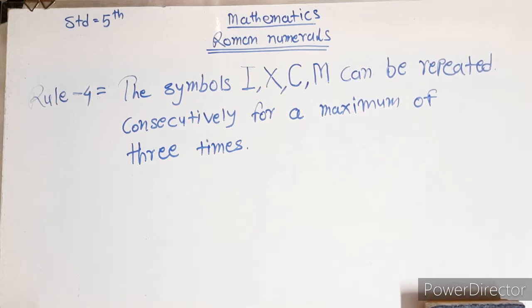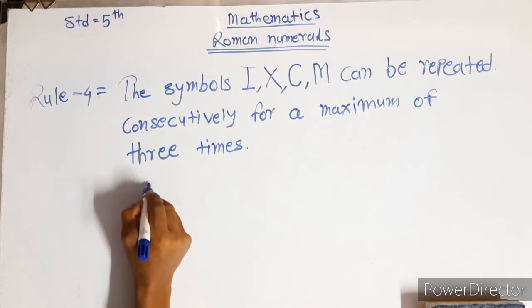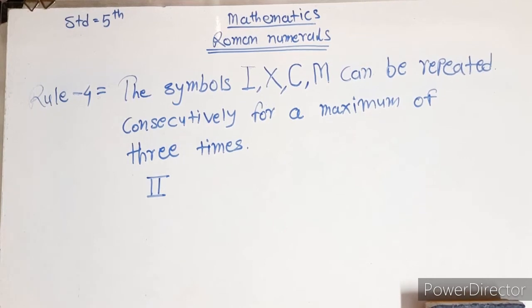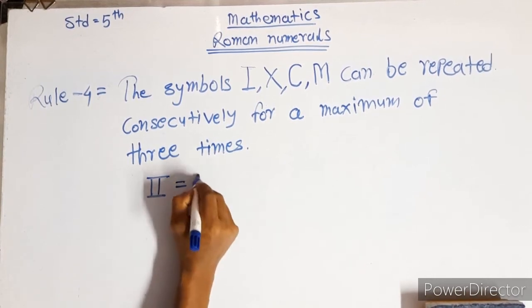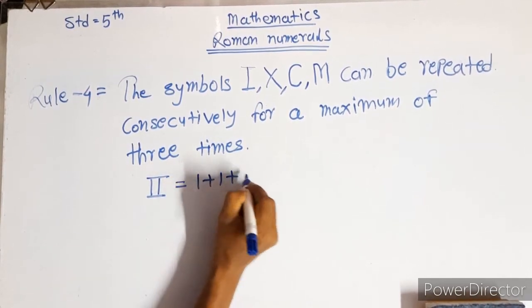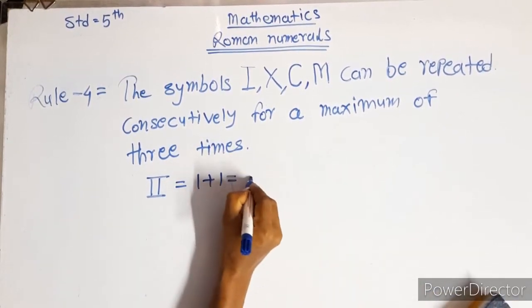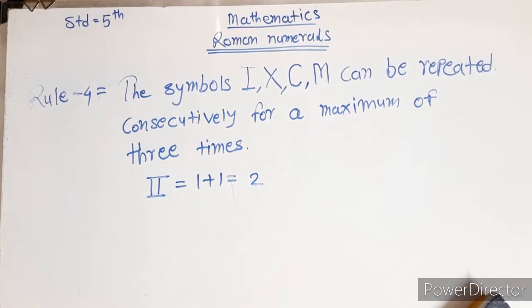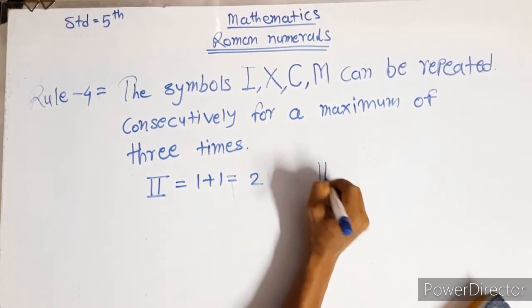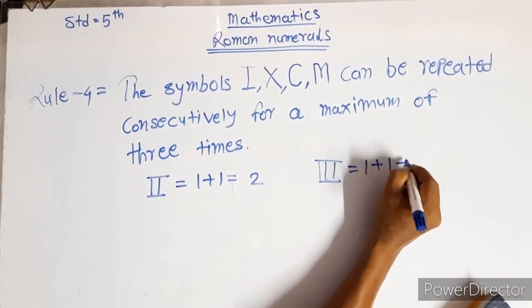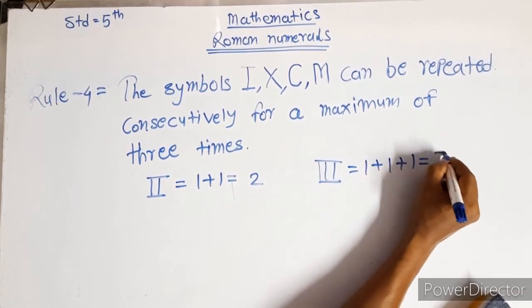Now example, I I means 1 plus 1 is equal to 2. Now I I I: 1 plus 1 plus 1 is equal to 3.